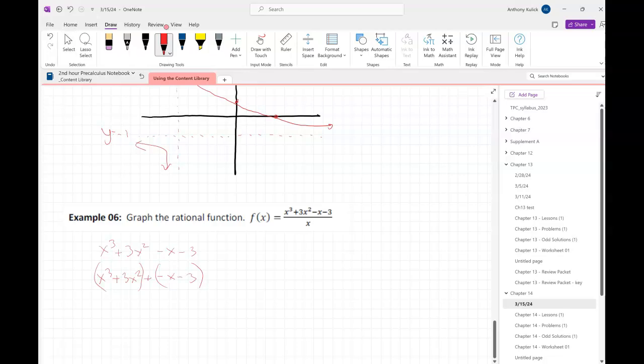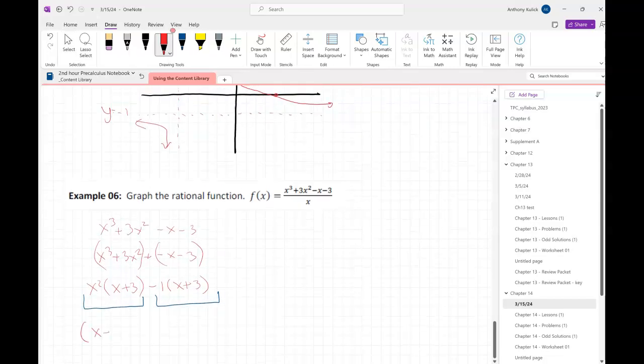From the first group, I'm going to take out an x squared. From the second group, I'll take out a negative 1. Now, if I think about this as one thing and that as one thing, I notice I have an x plus 3 in common between them, right? So if I factor this out, the stuff that's left would be x squared minus 1.